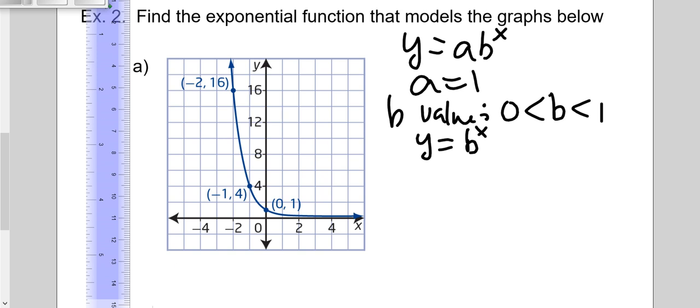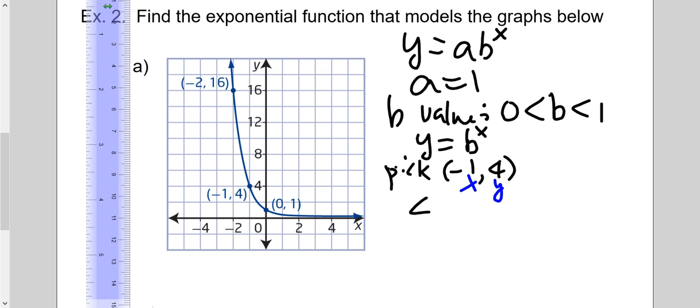So pick this point, -1 and 4. Plug that in for x and y. This is your x, this is your y. Now plug in -1 for x and 4 for y.